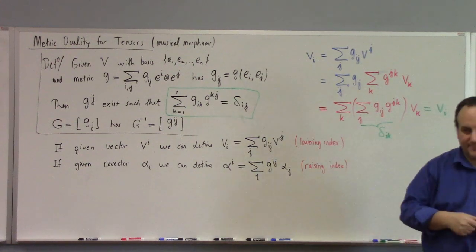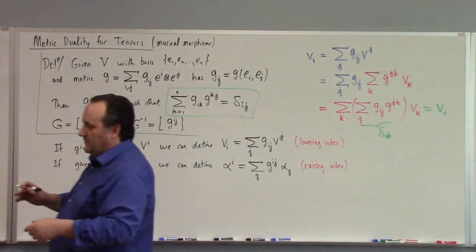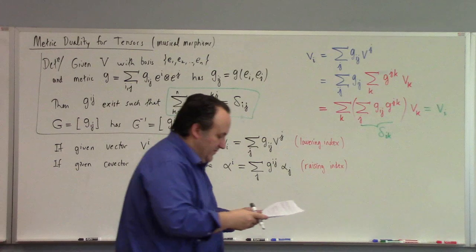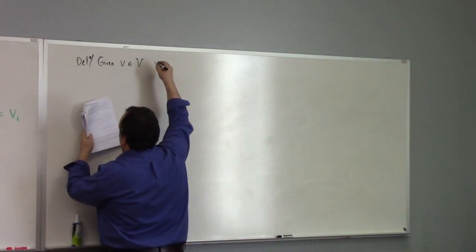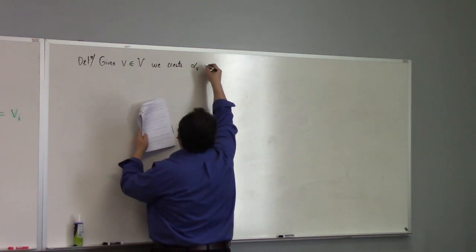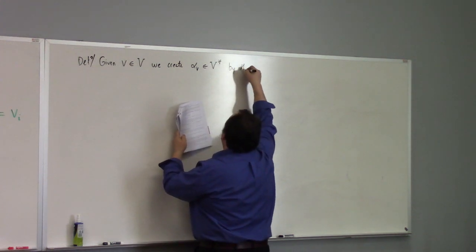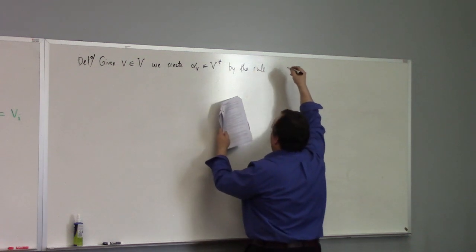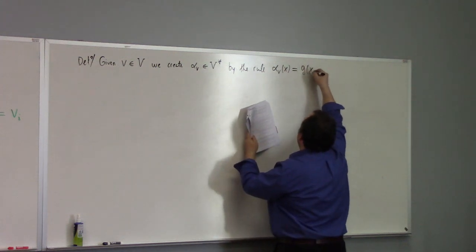All right, great. Let me give you a more careful definition, because these are the musical morphisms I just did. Here's a better rule. Definition: given v in V, we create alpha sub v in V dual by the rule alpha sub v of X is equal to g of X, v.